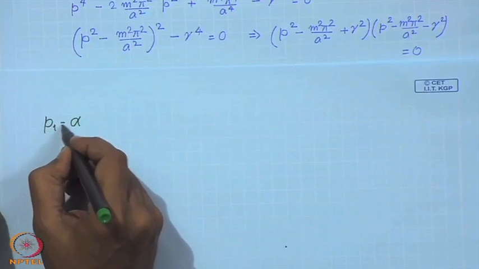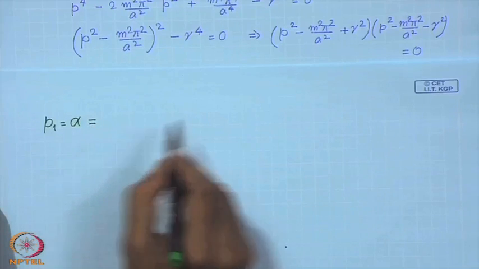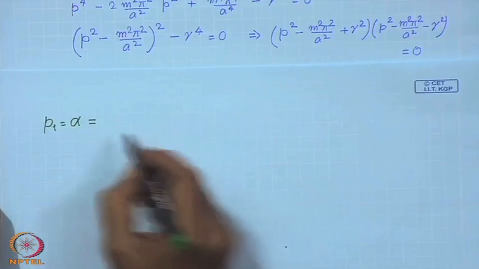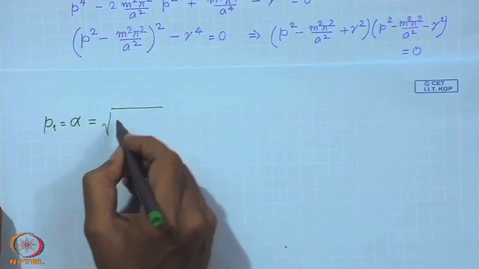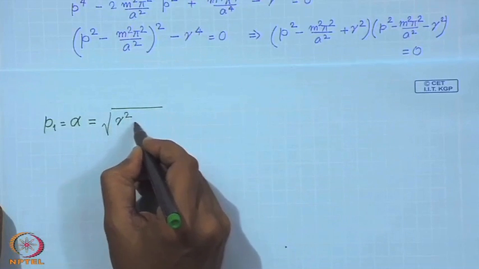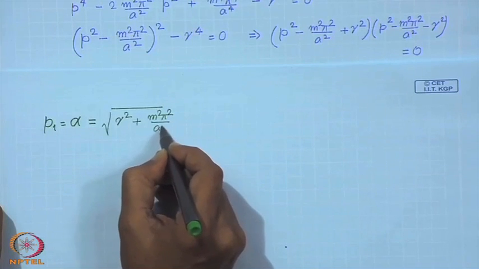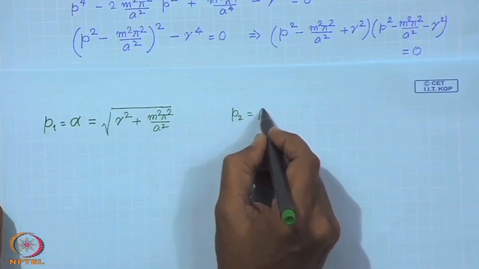So, P 1 is alpha equals, so let me consider this. So, gamma square plus, and P 2 I will call as beta.